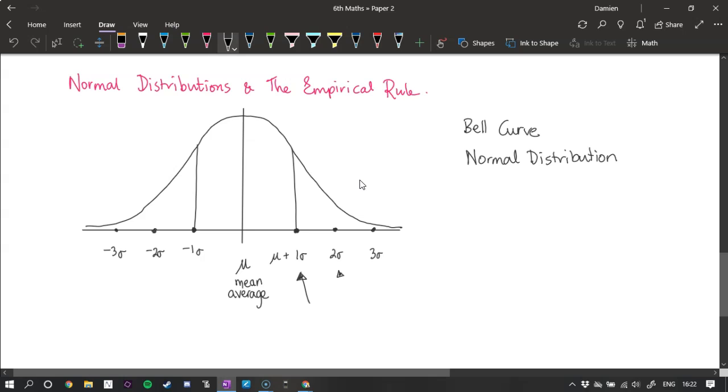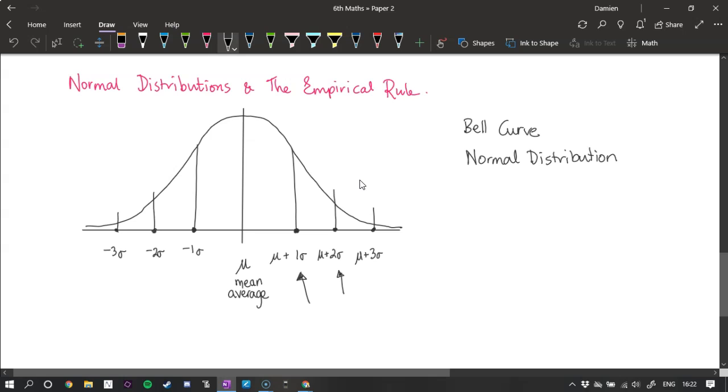The next one here is written as the mean plus 2 standard deviations, and the next one here is mean plus 3 standard deviations. And then there's lines here as well. So we have a line running straight down through that, and a line running straight down through here, and then the same on the other side.